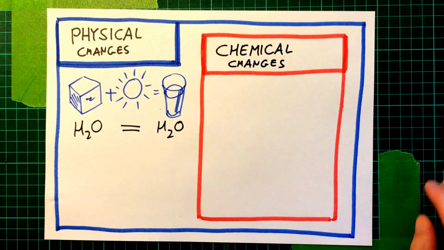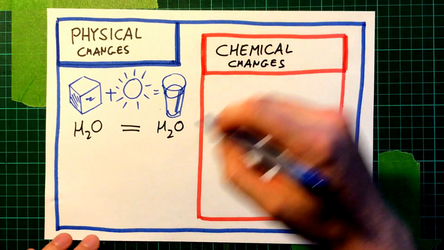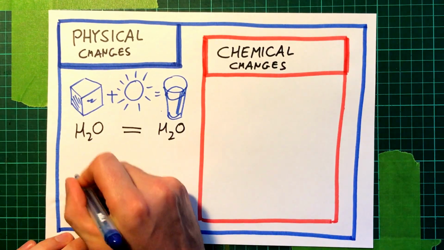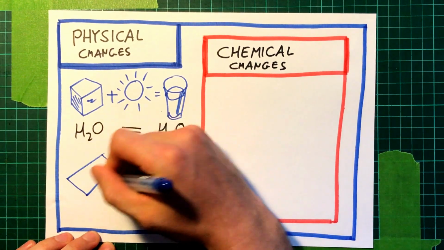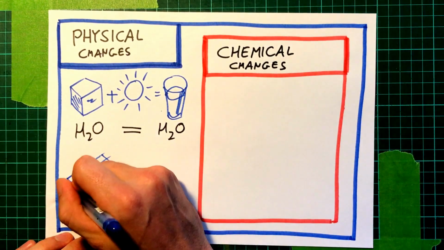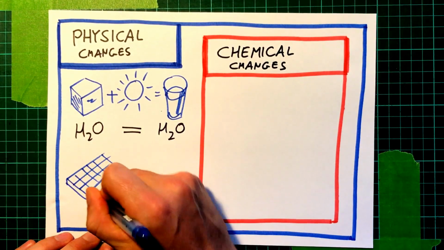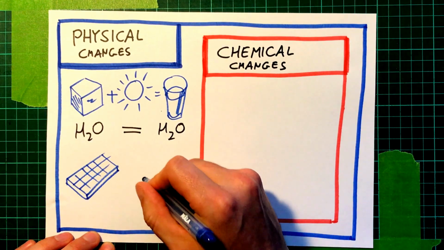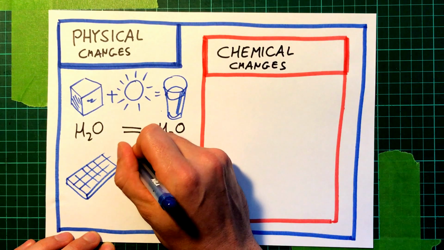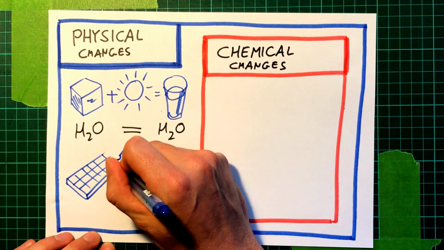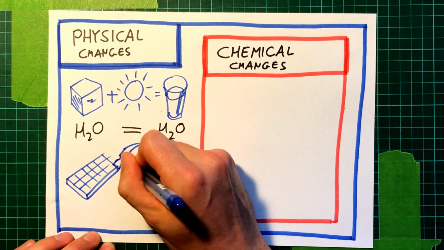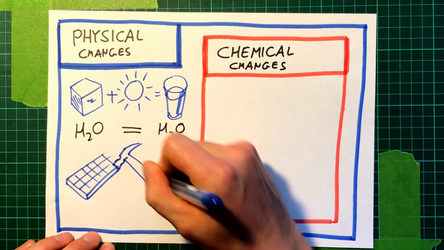So, another example. If you had, say, a great big tasty bar of chocolate, for example, which I won't spend too much time drawing, and you got a hammer, and you simply went a bit crazy and smashed up your chocolate.